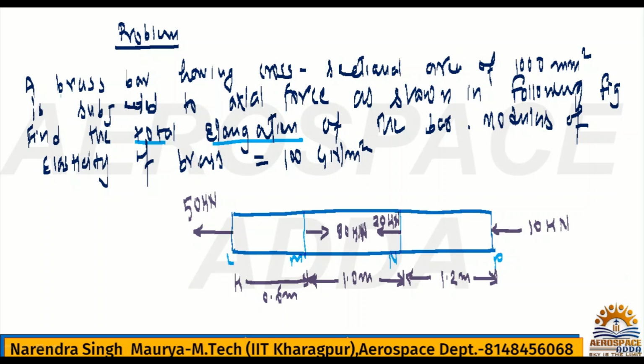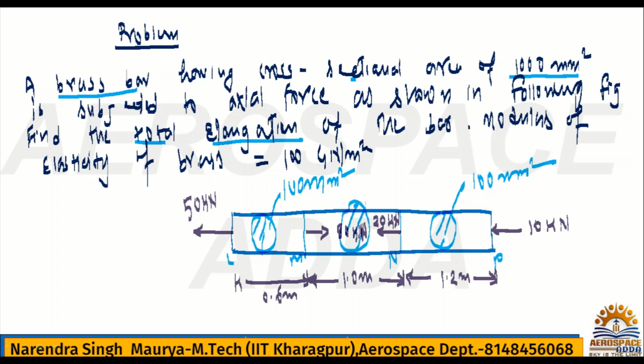See here, a brass bar having cross-sectional area of 100 mm square. So all sections have cross-sectional area of 100 mm square. This is the area they are talking about. Area is the same for all. Here also, this whole thing is the same.